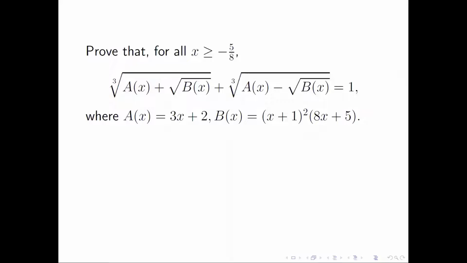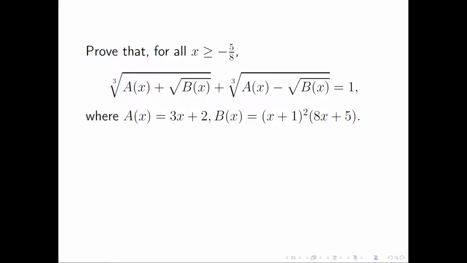We want to prove that for all x greater than or equal to -5/8, the cubic root of a(x) plus square root of b(x), plus the cubic root of a(x) minus square root of b(x), equals 1, where a(x) is a linear function 3x plus 2, and b(x) is a cubic polynomial, (x plus 1) squared times (8x plus 5).